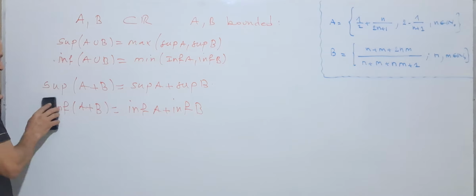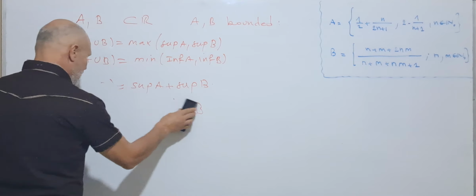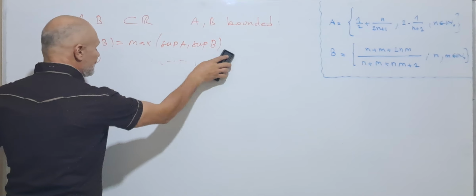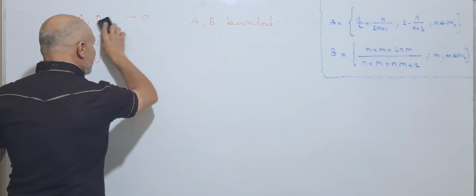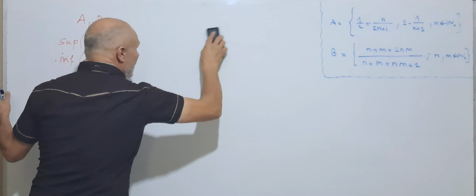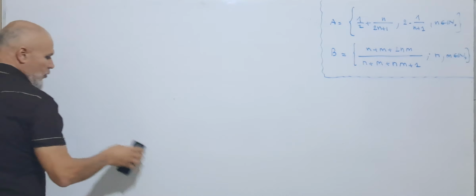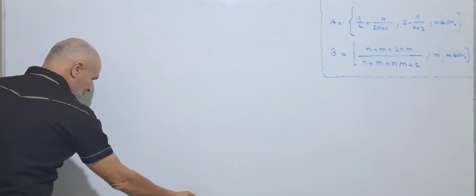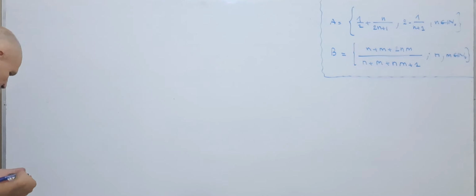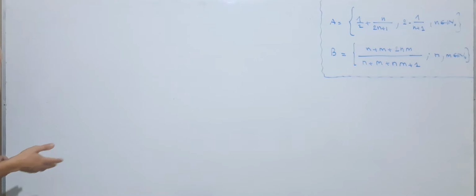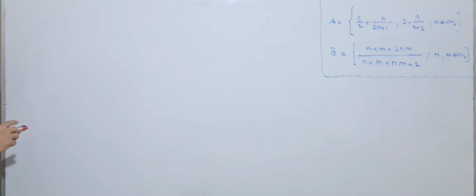The last important theorem is about characterization. Sometimes we can use characterization to prove the existence of the supremum. We can also use it for the infimum, minimum, and maximum.